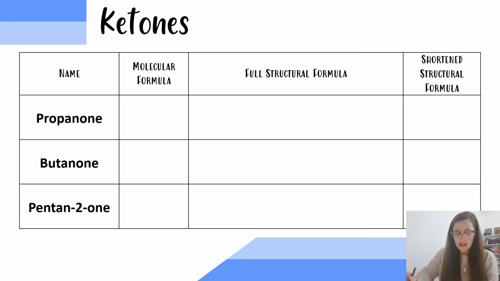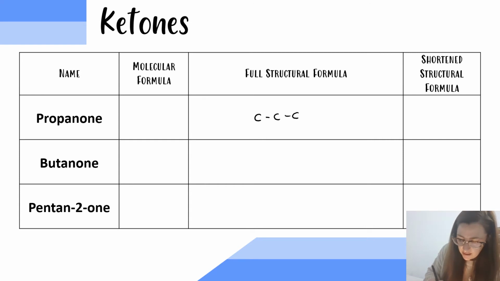If we look at the ketones here as well, the full structural formula for propanone, now we don't have methanone or ethanone because the carbonyl group would have to automatically be at the end of a chain, making it an aldehyde and not a ketone. So the first member of this family has 3 carbons, propanone.